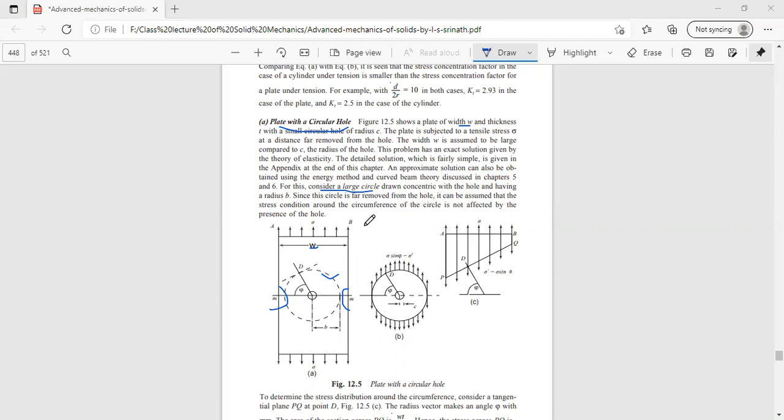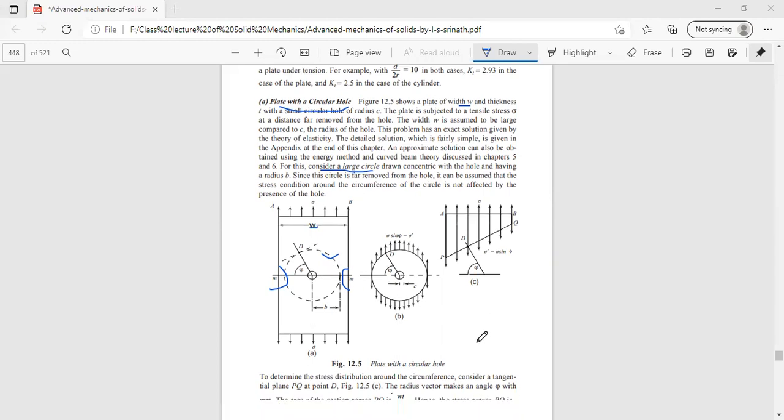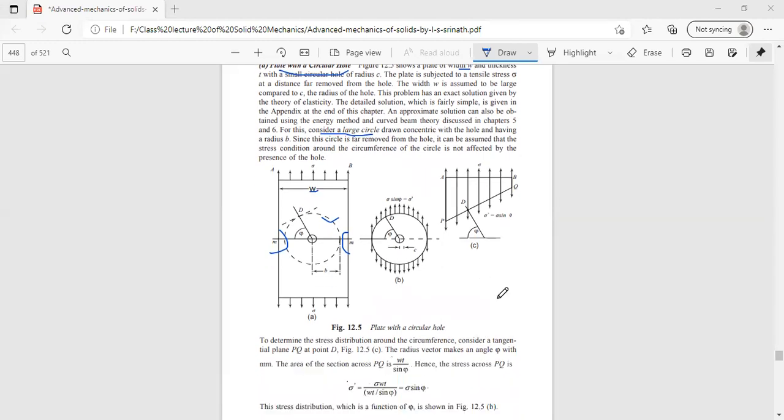It can be assumed that the stress along the circumference of the circle is not affected by the presence of the hole itself. Now, what we need to know is the stress around the circumference of this particular circle, say consider a tangent.